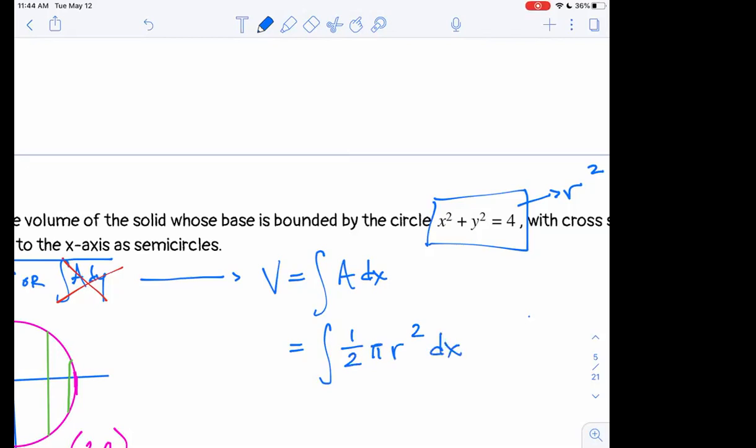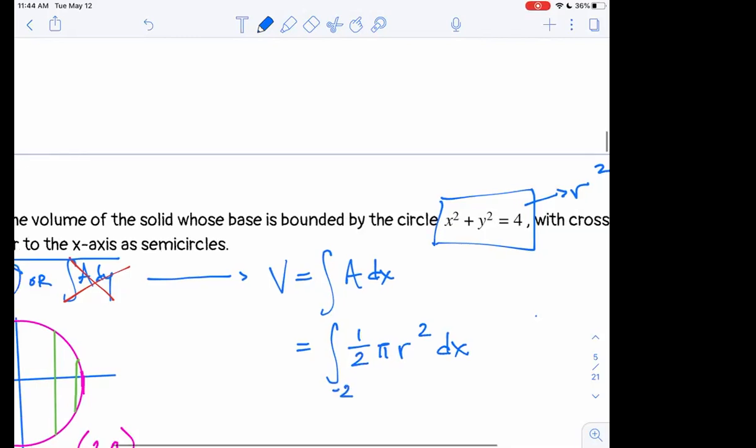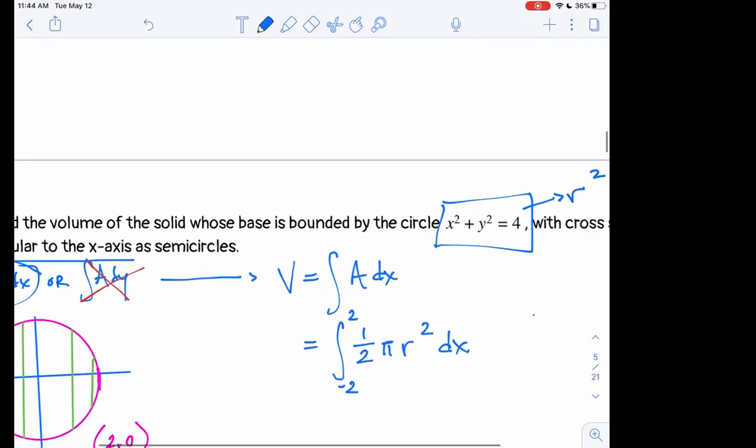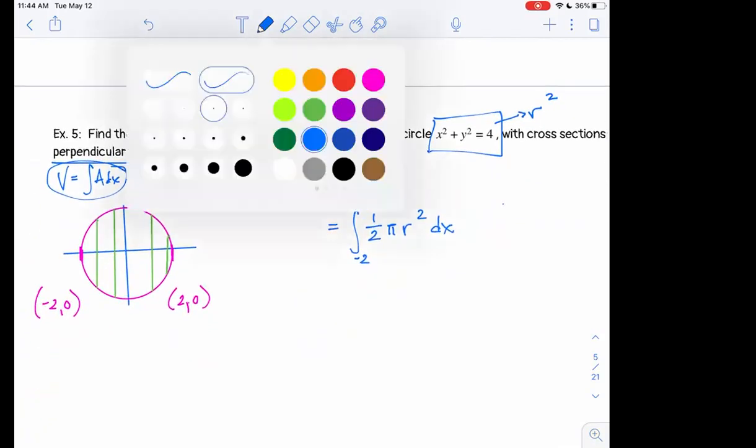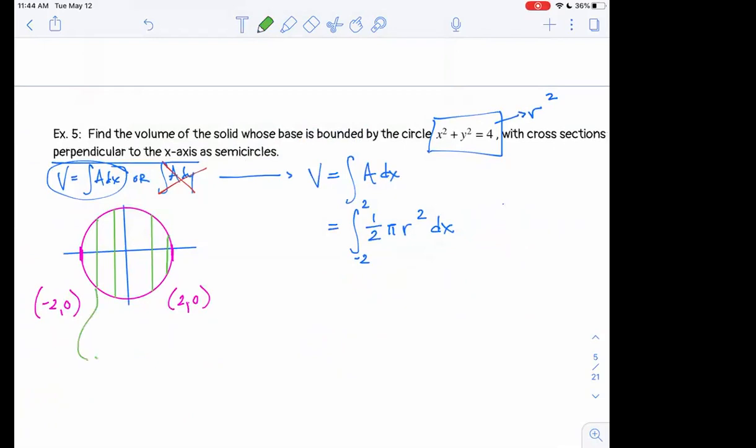Okay. And because I already found my bounds, I'm going to put in a -2 and a +2. Now, let's go back to this green line. Okay, so these green lines, what does that represent? Like, what part of the semicircle does that green line represent?